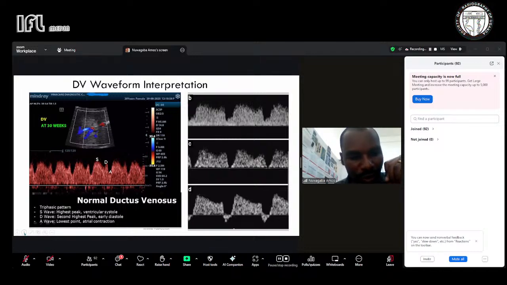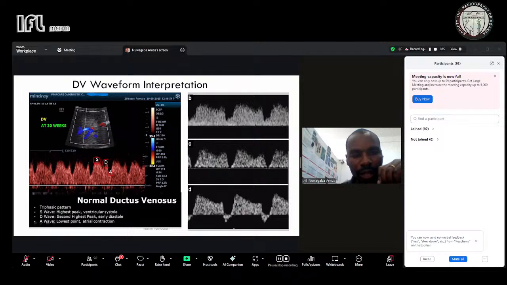Now, on waveform interpretation, the normal waveform is triphasic, usually above the baseline, and we have the highest peak, which we call the S wave, which represents the ventricular systole when the heart is contracting, and the second highest wave is the D wave, which represents the cardiac diastole, when the heart is relaxing, and the last, the lowest point, is the A wave, which represents atrial contraction.